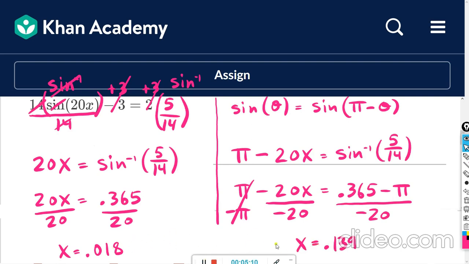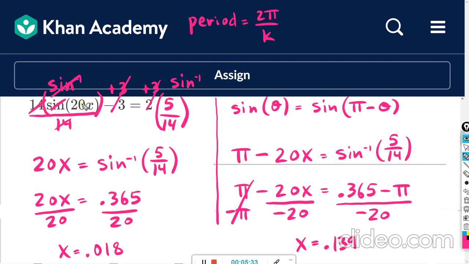Now there's one final step for these two solutions. You have to remember that the solution repeats every time the period comes around. We said at the beginning the formula for the period is going to be 2 pi divided by k.